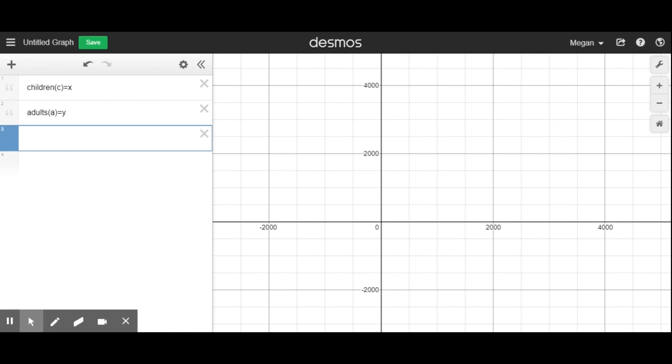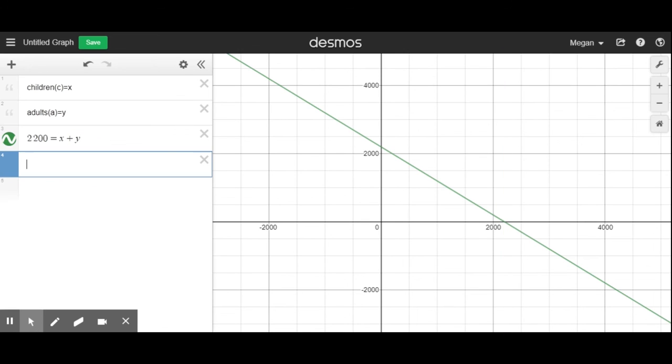So we got 2,200 equals x plus y, and then 5,050 equals 1.5 times x plus 4 times y.